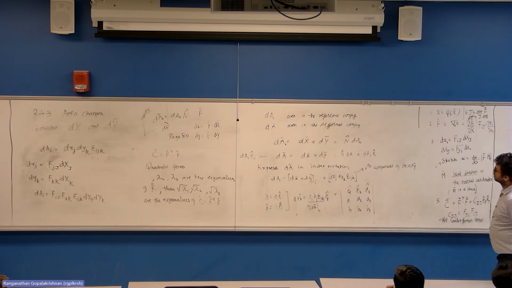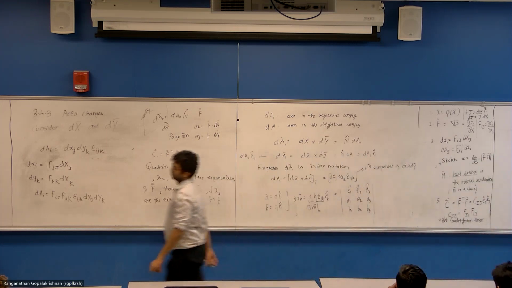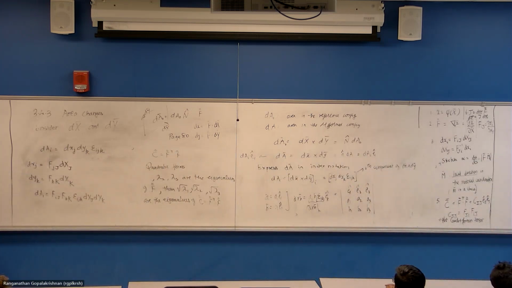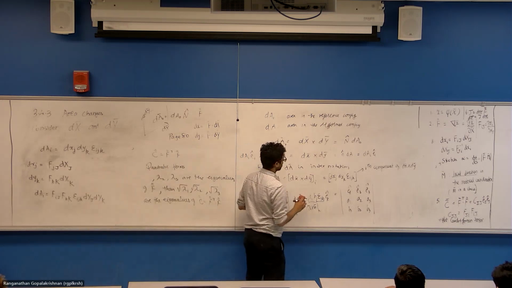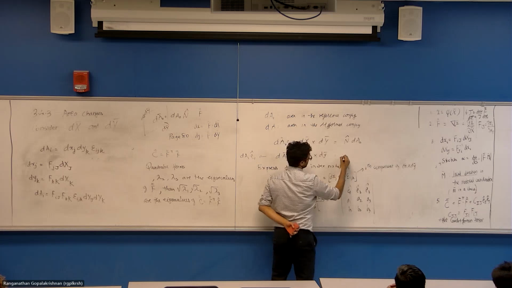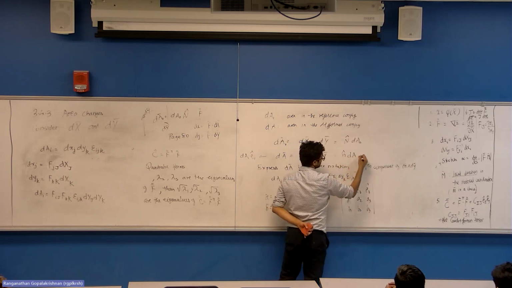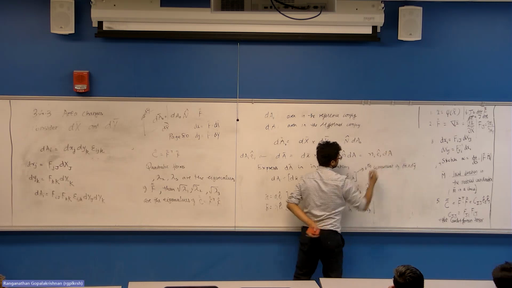Okay, missing something here. So this I'll write as N cap dA, which is n_i e_i dA.